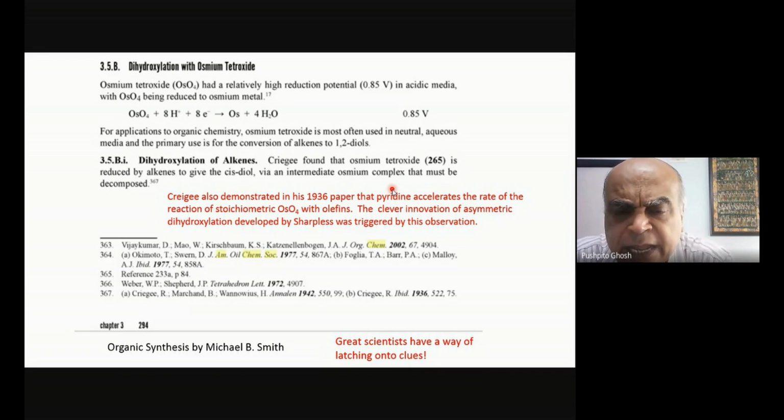Can I go looking for some chiral amines that might give the acceleration? And who knows, if I'm lucky, like in the case of tartaric acid, maybe I will also induce chirality. I hope you can see the manner of their thought process. It's quite nice.